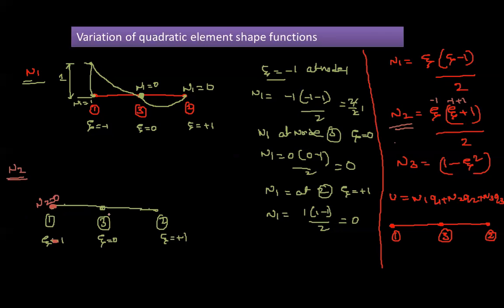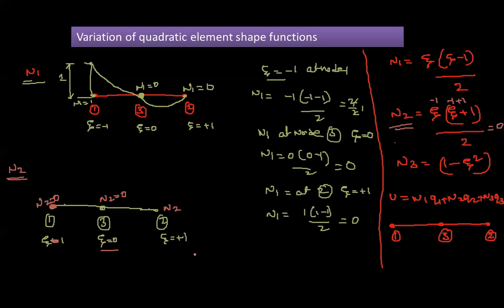Now let us see what is the value of n2 at zeta equal to 0. If zeta is equal to 0, again it becomes 0. Therefore the n2 value at this point also becomes 0. Let us find out the value of n2 at node number 2.